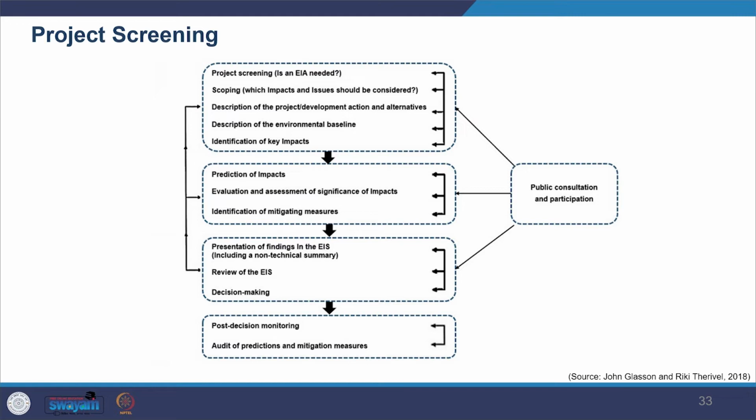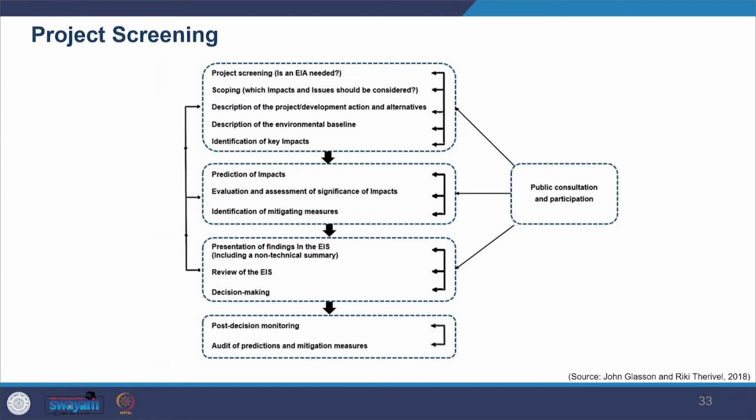At the screening stage, we focus on those projects which have known substantial impact. We don't really take into consideration the projects which we know do not have substantial impact.